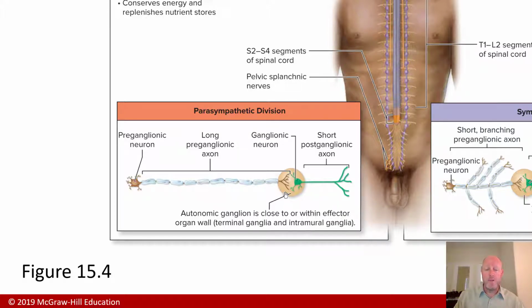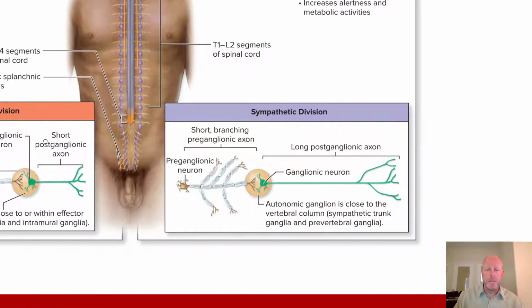The autonomic ganglion is close to or within the effector organ wall, where the terminal ganglia and the intramural ganglia exist. In the sympathetic division, we have our preganglionic neuron and a short, branching preganglionic axon, branched out. Then we have a long postganglionic axon from the ganglionic neuron, with the autonomic ganglion close to the vertebral column: the sympathetic trunk ganglia and the prevertebral ganglia.